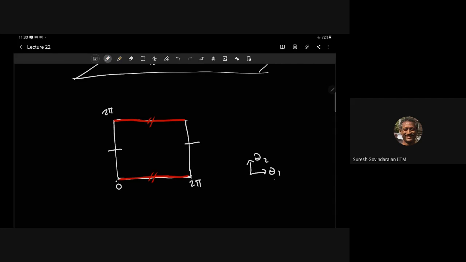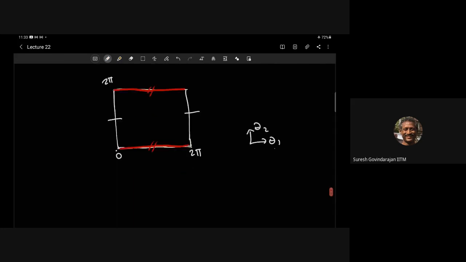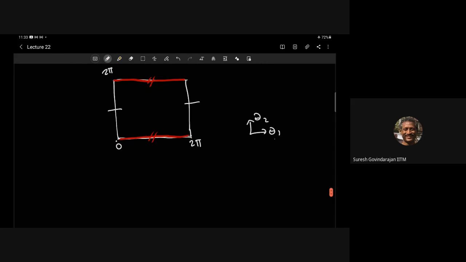Okay, so what happens? Let us look at the motion. So how will the motion be? Theta 1 will be omega 1 t plus some constant, and theta 2 will be omega 2 t plus some constant.